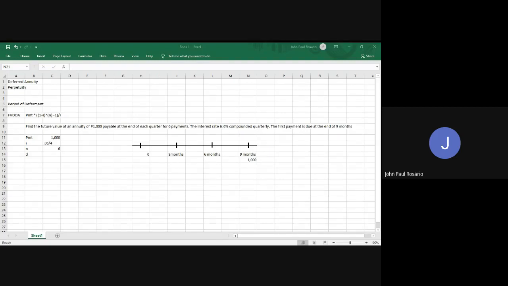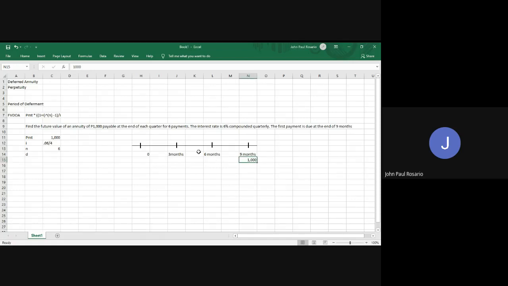Please tubag. So the payment occurred on the 9th month. Kanus-a nag-start ang imuhang loan after the period of deferment? Is it on the 9th month or on the 6th month? Any ideas?